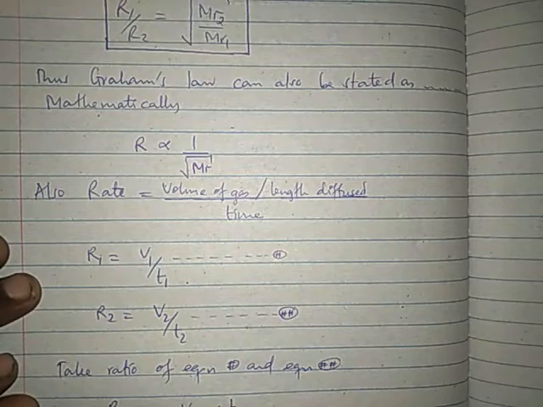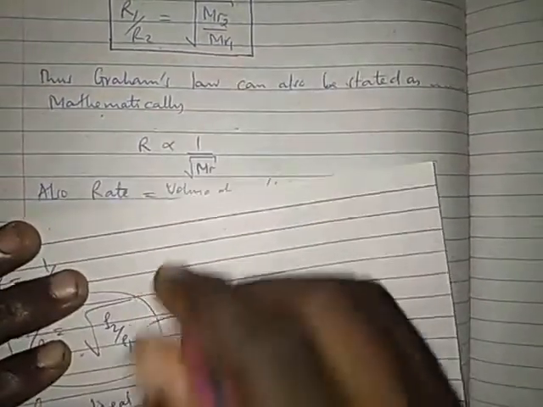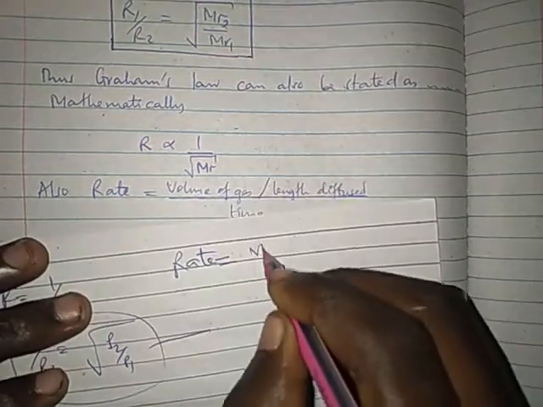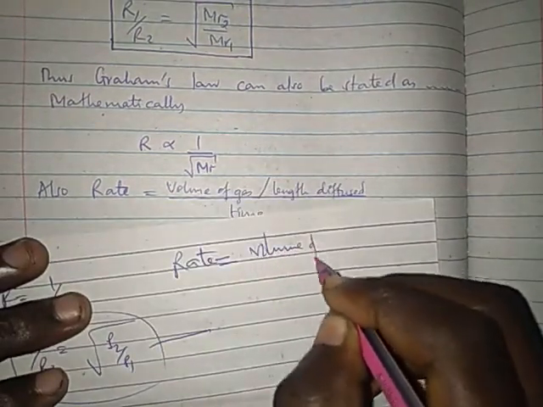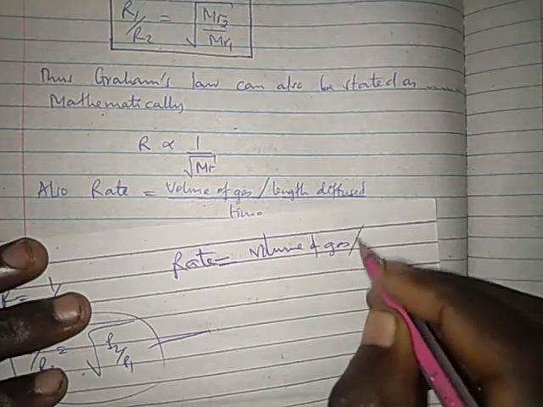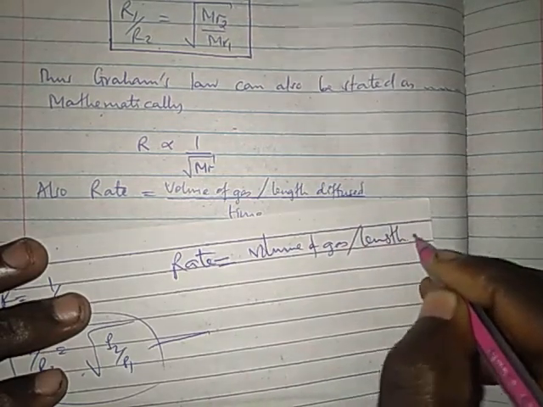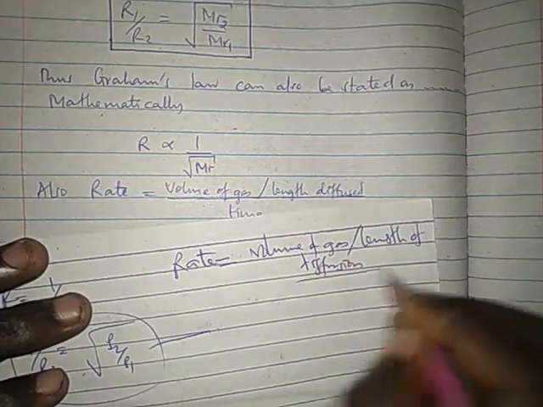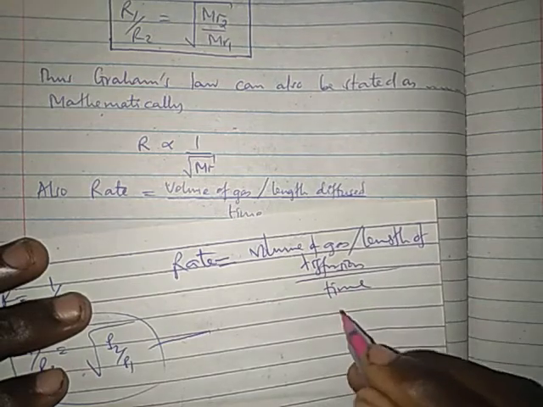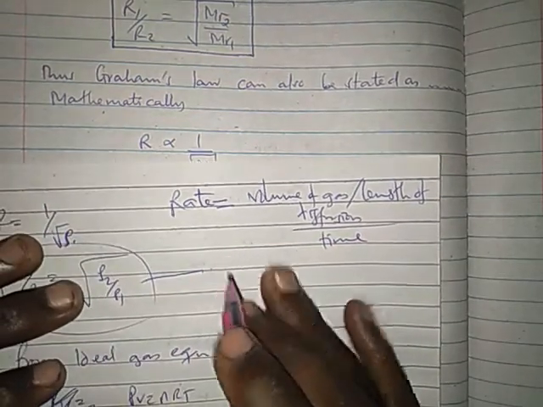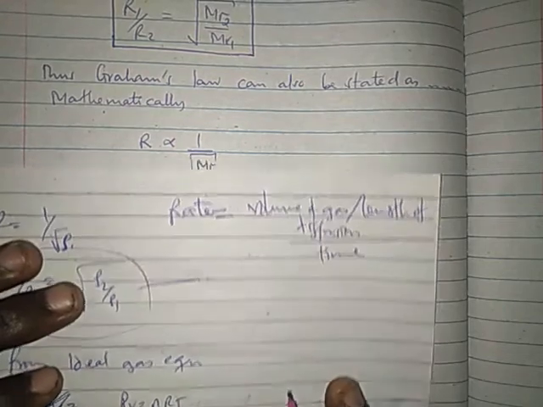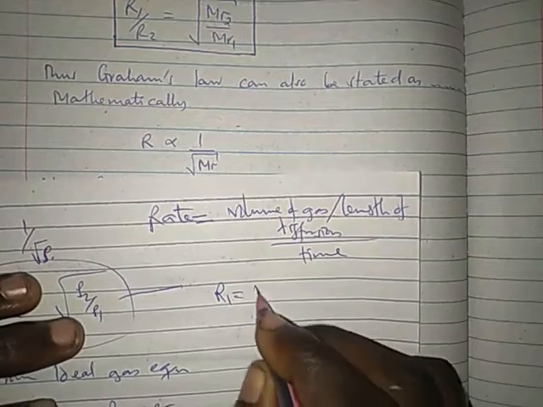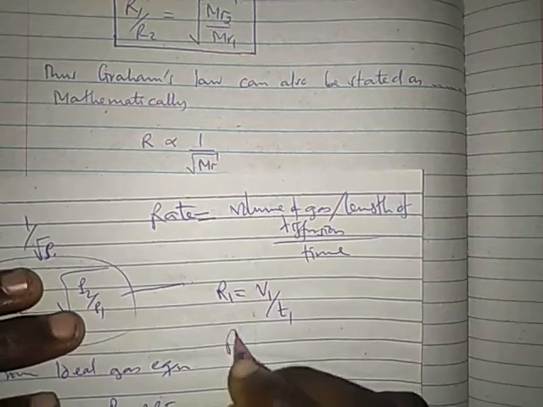So tunavyo define rate kwenye Graham's law, rate inaweza ikawa sawa na volume of a gas or length of diffusion divided by time. So simply rate is equal to something divided by time. So kwa mfano rate 1 inaweza kuwa sawa na volume 1 divided by time 1.